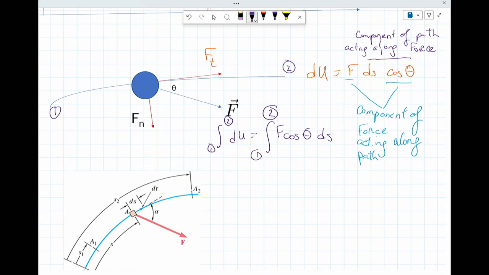I can say that the work done is the integral from 1 to 2 of dU, the integral of the component of force acting along that path. And I end up with U1 to 2 equal to F cos theta times (s2 minus s1). So I have a component of force, all acting along there, and it's working pretty well.